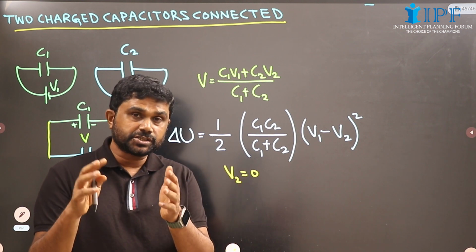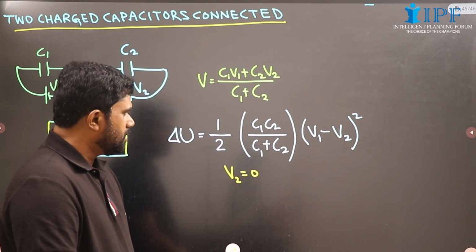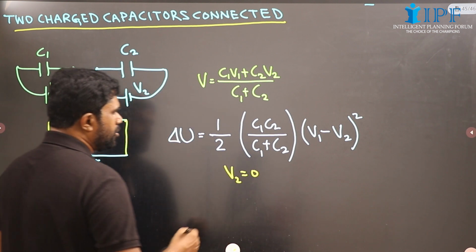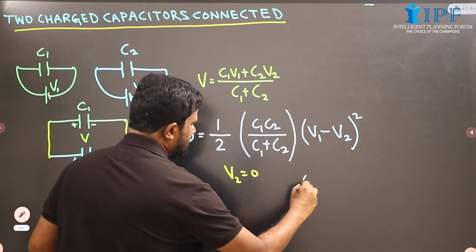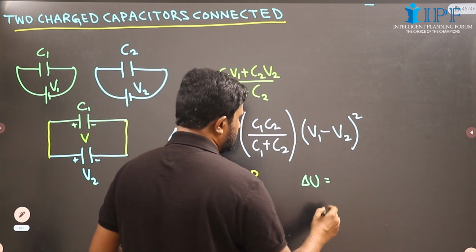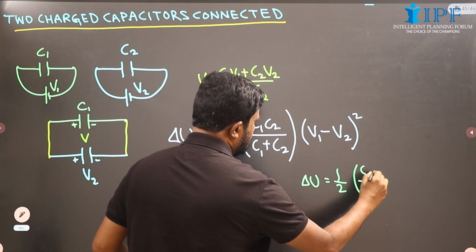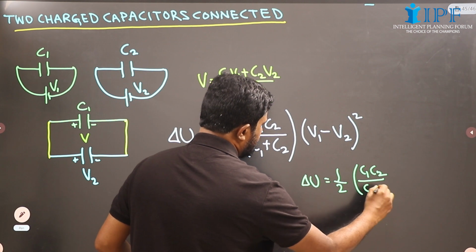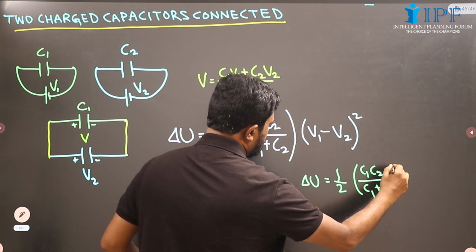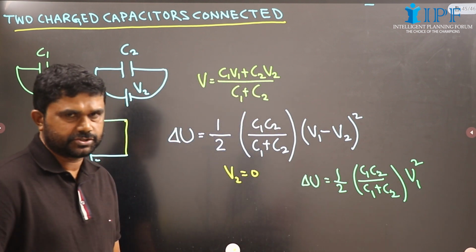Then what fraction of the energy stored in the first capacitor is lost? This much is the energy loss, delta U, that is half C1 C2 over C1 plus C2 into V1 square.